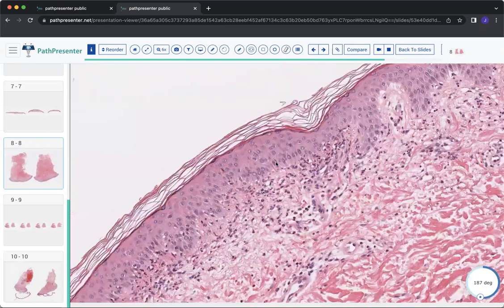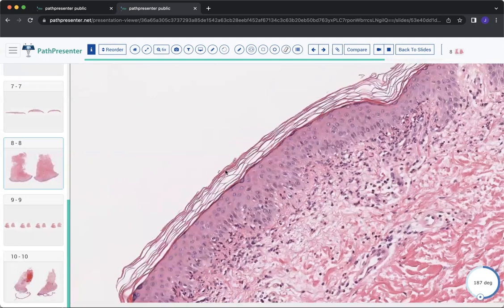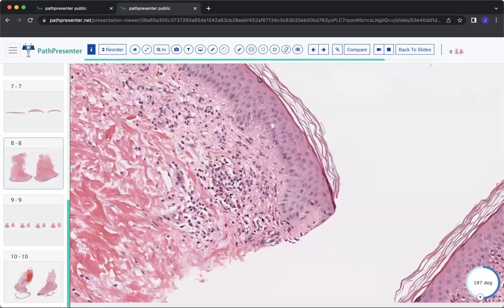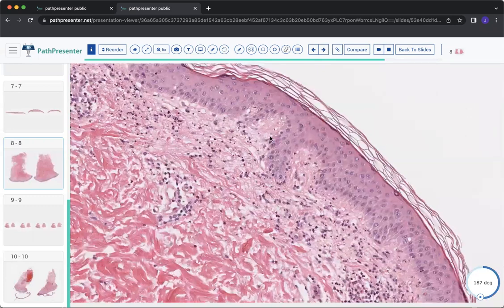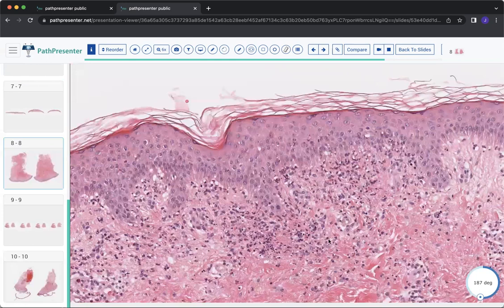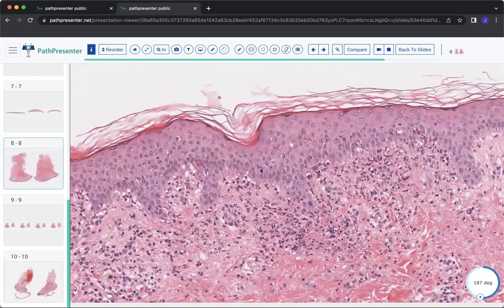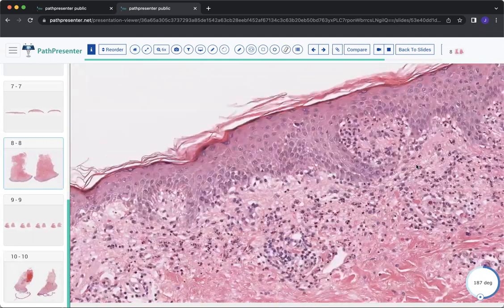But given the confluent nature of these neutrophilic inflammatory infiltrates with the eosinophils, I would favor linear IgA bullous dermatosis, but in real life, you definitely need more evidence from the DIF to show you that it's a linear IgA deposition along the basement membrane.